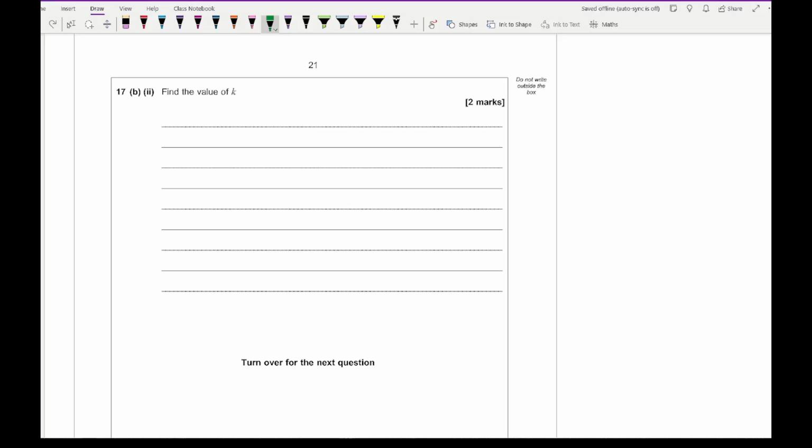In question 17b, it tells us that P moves in a straight line which is parallel to AB. So for the second part of the question, it's wanting us to find the value of k. Now, if it's moving parallel to AB, then what that deduces is that our vector must be a scalar multiple.